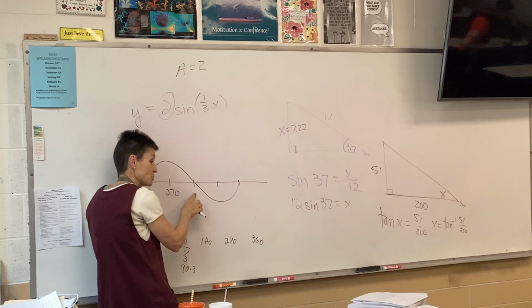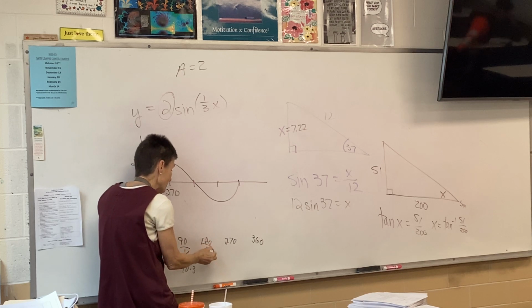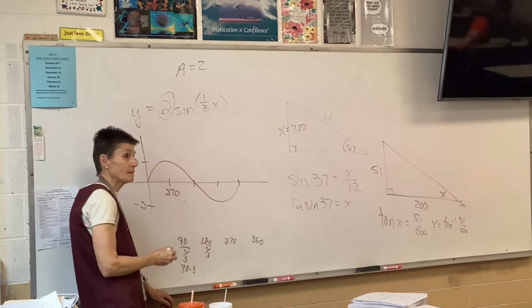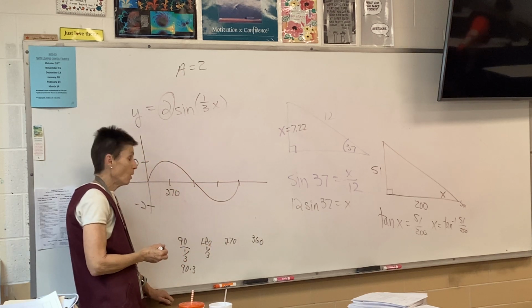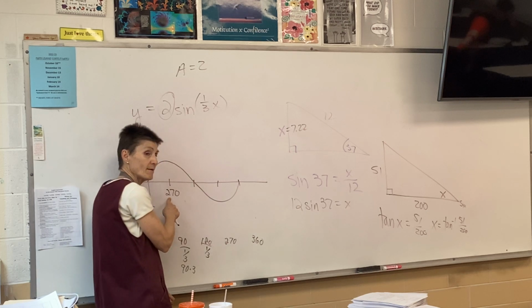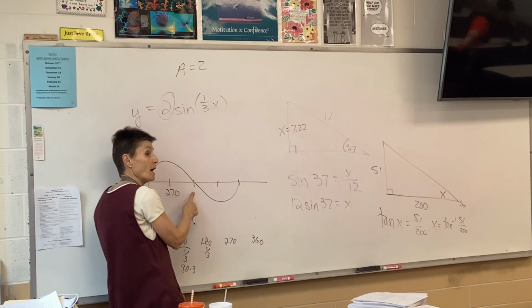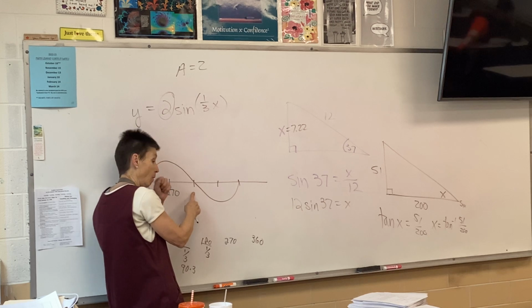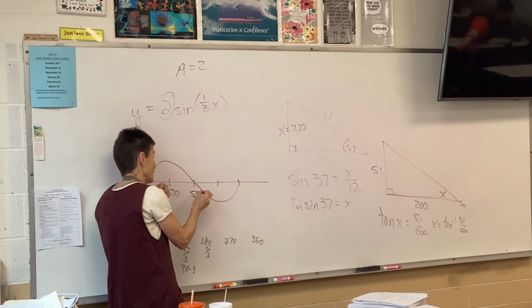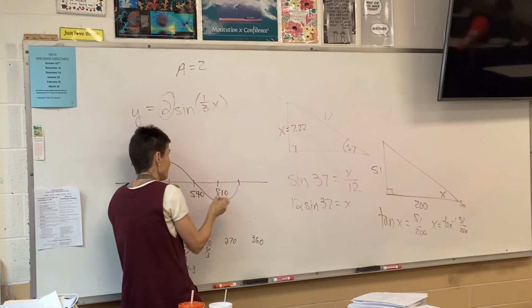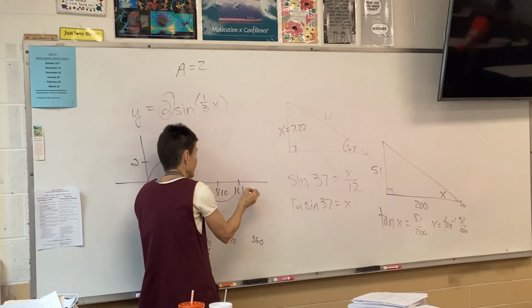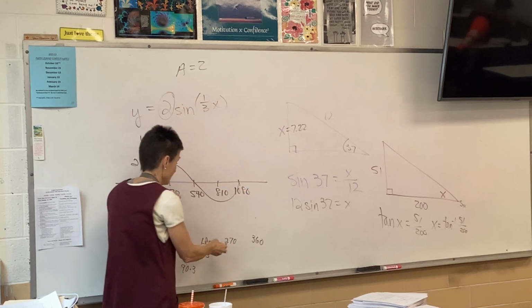Now, the next one, you can either do 180 divided by a third. That will work every time. Or you can say, okay, if this one's 270, then this one's going to be another 270, and another 270, and another 270. It doesn't matter.